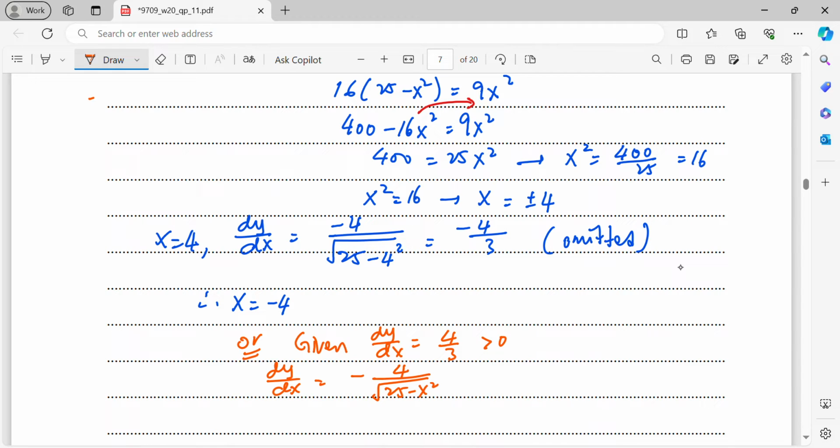So in order to get positive, not -4, negative x. Right, so from here, which is positive, wait, let me check first.